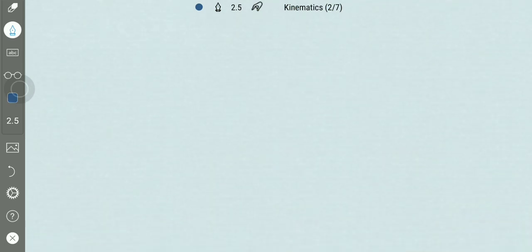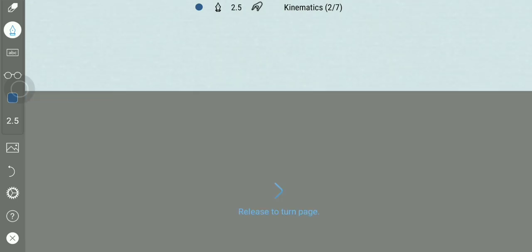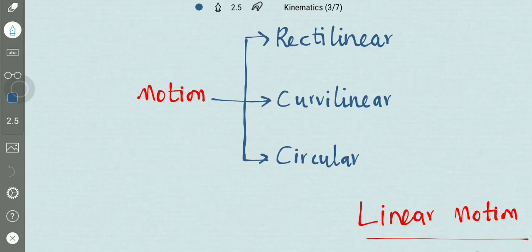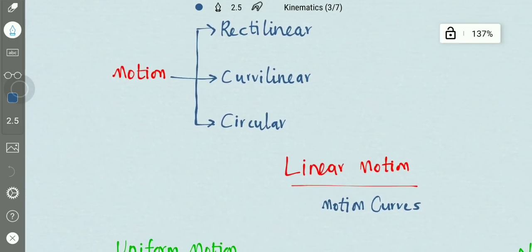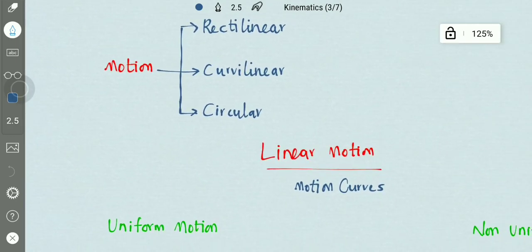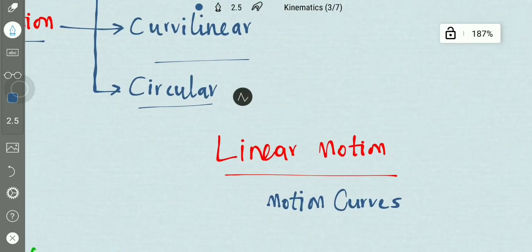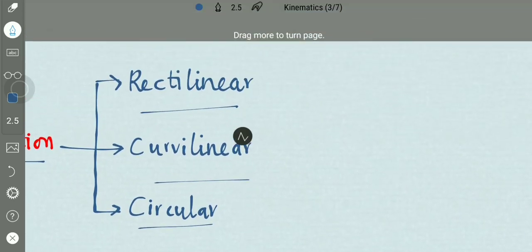So next let us see kinematics. So what is kinematics? Kinematics is the one which deals with the bodies in motion without referring to forces, right? So motion can be rectilinear, curvilinear, or circular. So what is rectilinear?